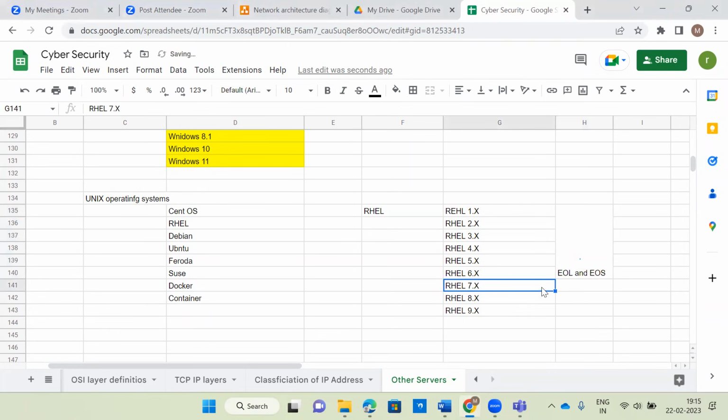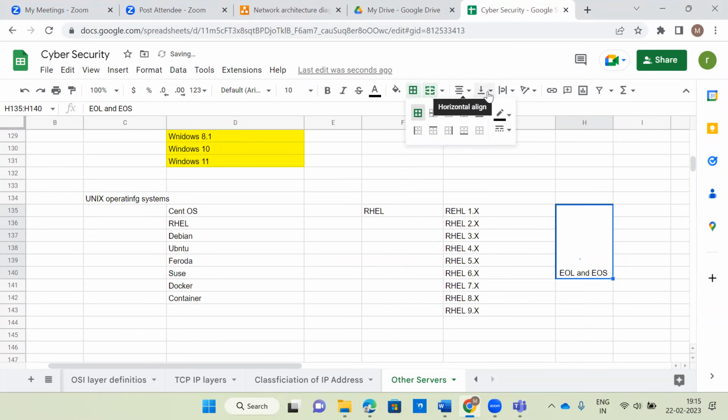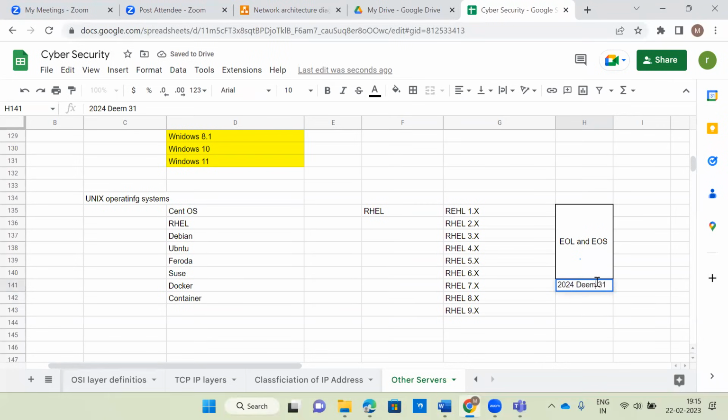RHEL 7.x is also going to reach end of life on December 31st, 2024. That means in another year it is going to be end of life. Till that time, they will provide the patch updates.